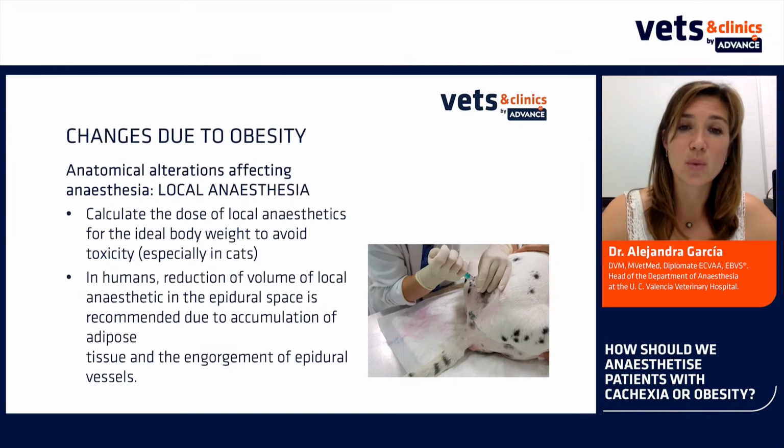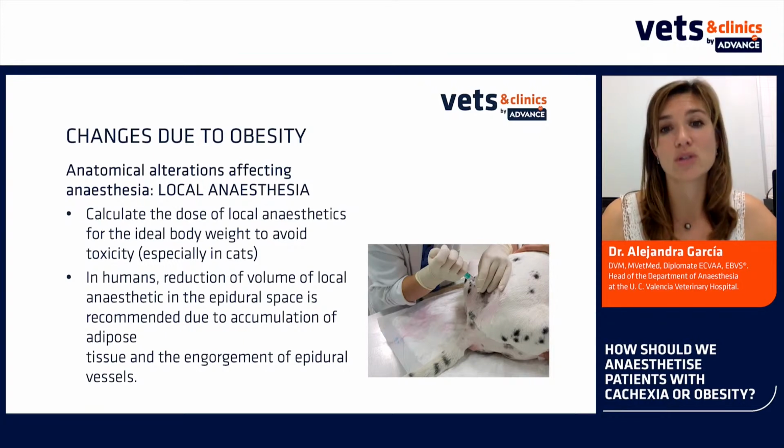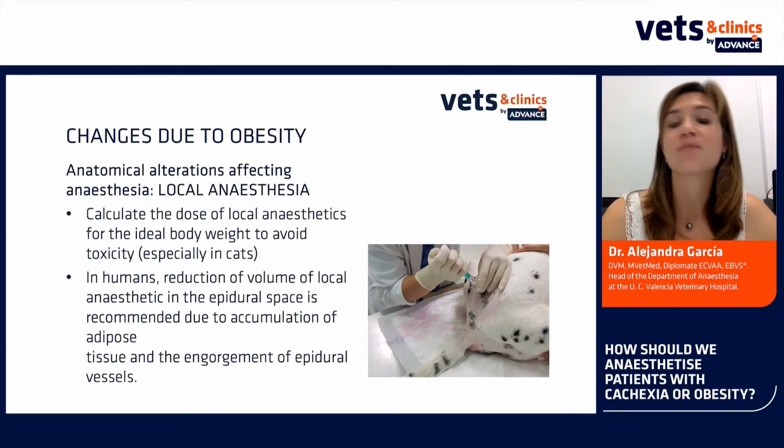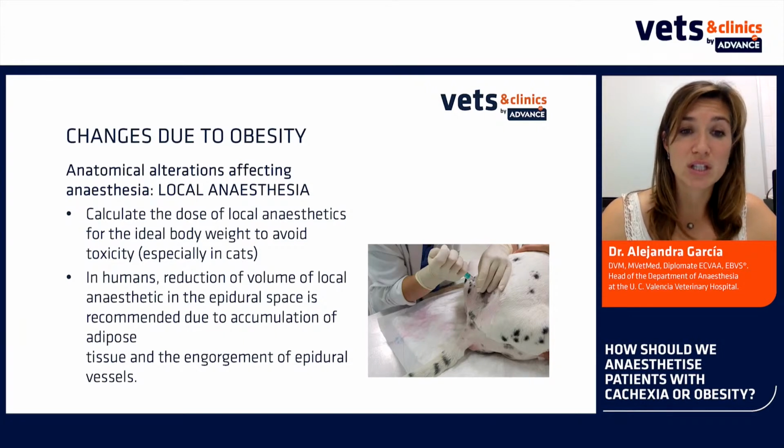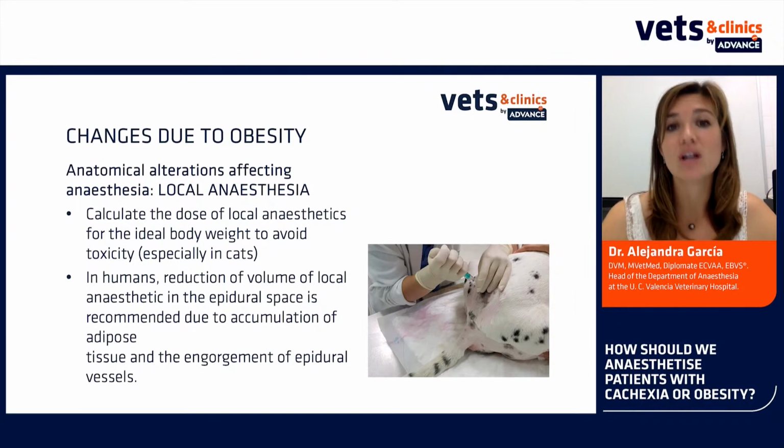So we always have to check the local anesthetic dose to avoid toxicity, especially in cats. And also in humans, it's reported that reducing the volume of local anesthetic in the epidural space is recommended due to adipose tissue accumulation also in the epidural space and the engorgement of the epidural vessels. Therefore, if we are doing an epidural, we need to calculate the dose of the local anesthetic based on the ideal body weight of my patient.